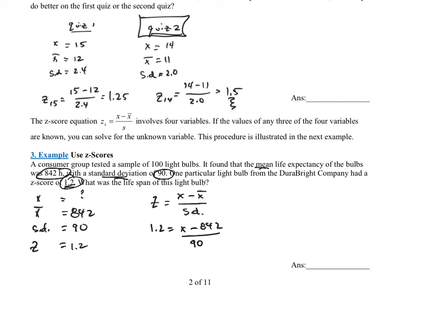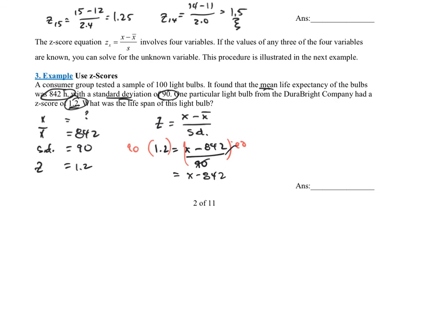Simple equation here, a linear equation that you should be able to solve. We need to solve for x, so to get rid of the divided by 90, I have to multiply both sides by 90. When I do that, the 90s cancel on the right, and I have x minus 842. On the left, I have 90 times 1.2, which is 108.